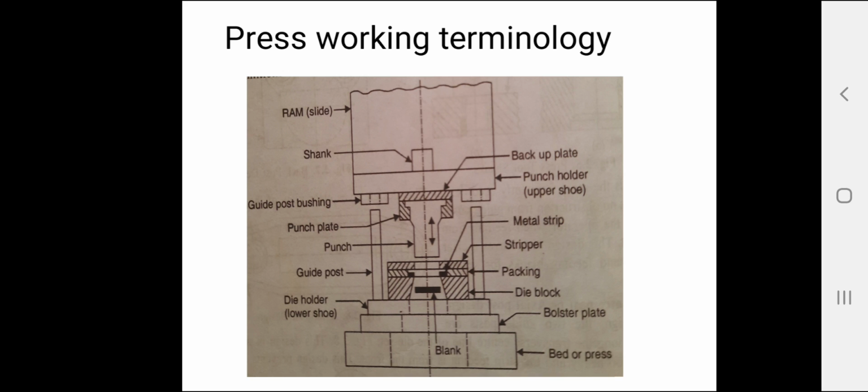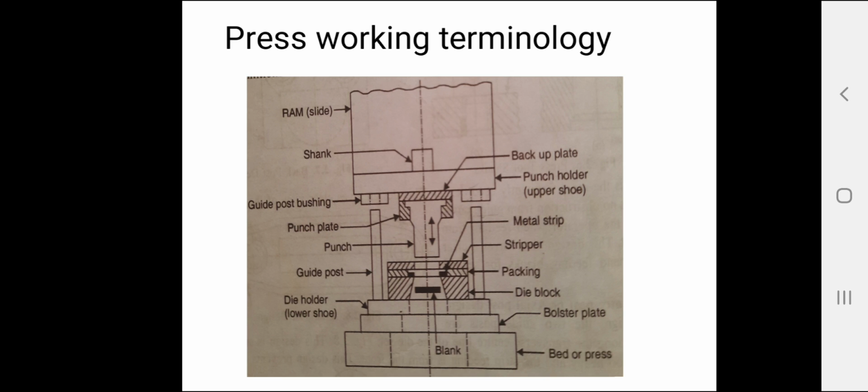It is the male component of the die assembly, which is directly or indirectly moved by and fastened to the press ram or slide. Then the upper shoe. This is the upper shoe. This is the upper part of the die set which contains the guide post bushing.